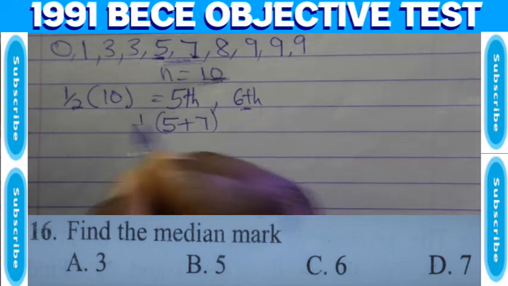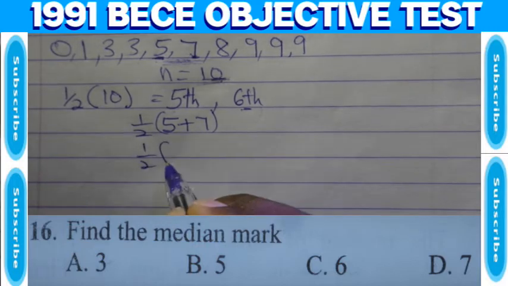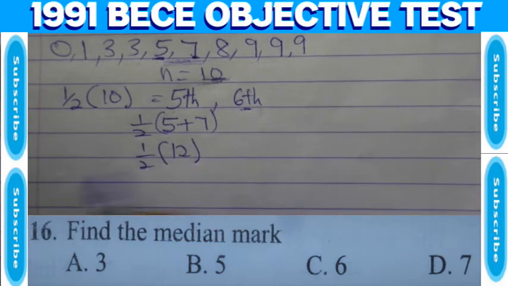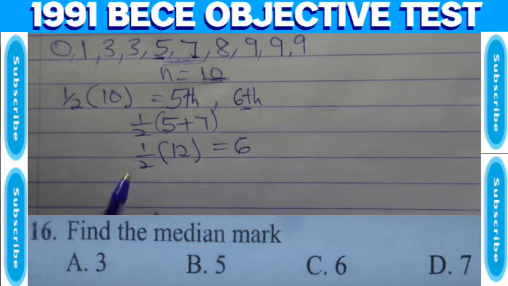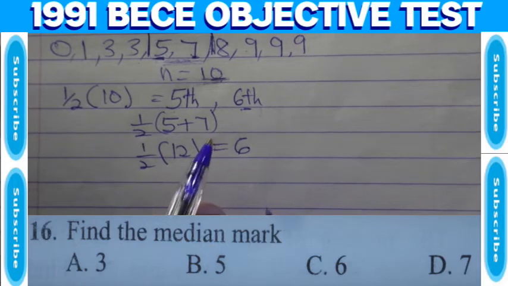Then we find half of it. 5 plus 7 gives us 12, and half of 12 is 12 divided by 2, which gives us 6. So the median mark is 6. We are done with question 16.